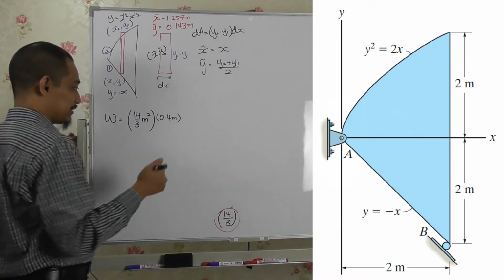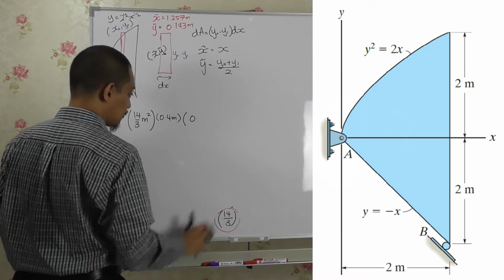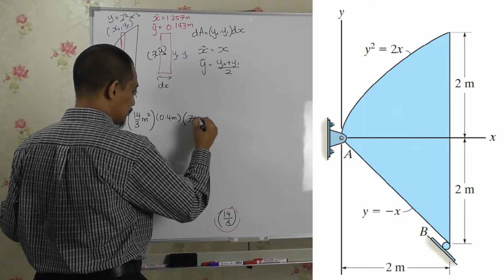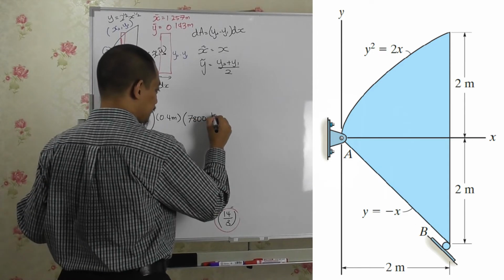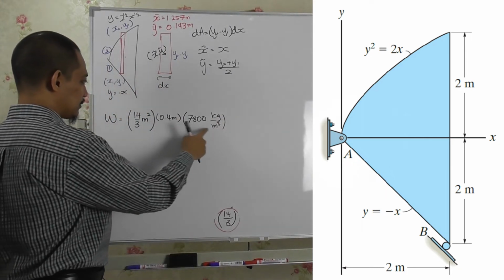As well, you have the density, 7800 kilogram per meter cube. So you multiply all of this and you get kilogram.